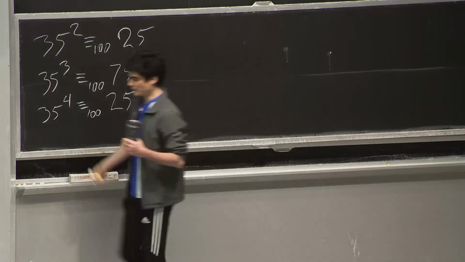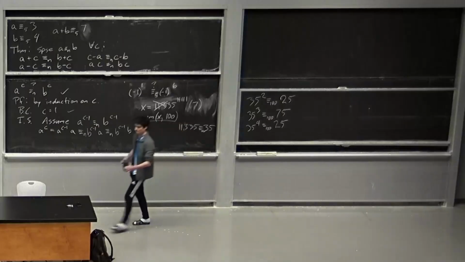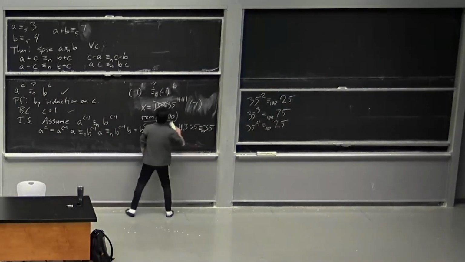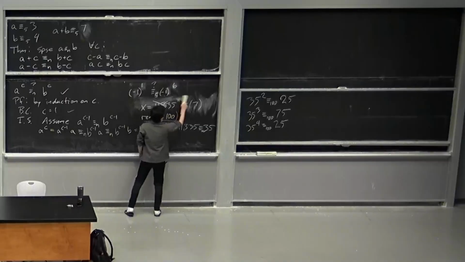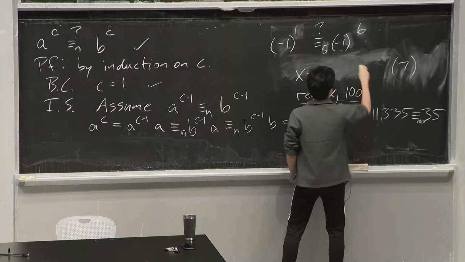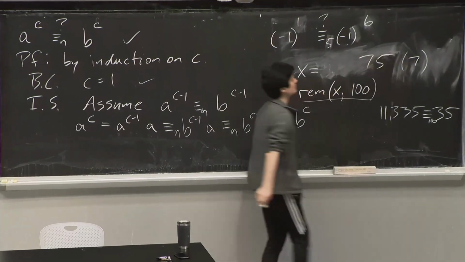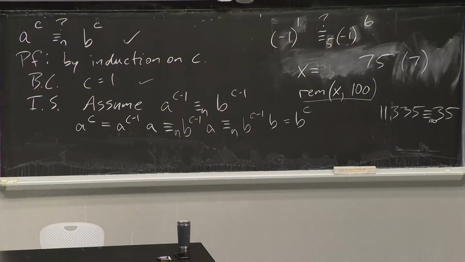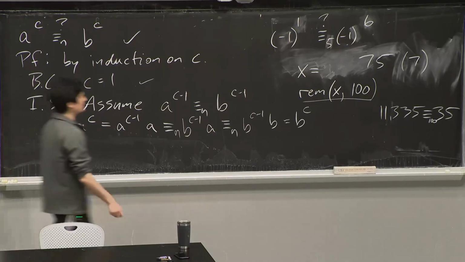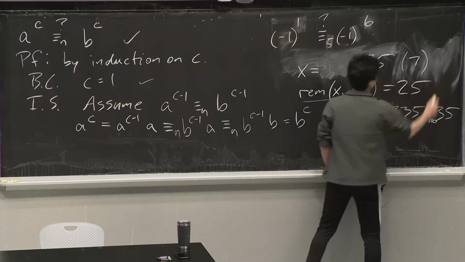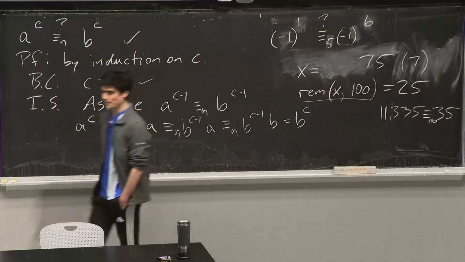We can prove that formally by induction. Not going to do that here. But the point is, we've got an odd exponent here, so we can replace this with 75. And now 75 times 7 is going to have a remainder of 25.